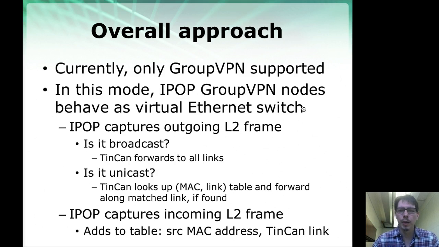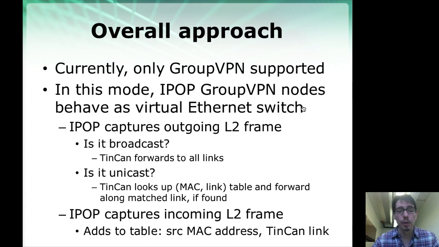So the overall approach is right now only supported by GroupVPN. In this mode, which can be configured in the configuration file, GroupVPN nodes will behave as a virtual Ethernet switch. So instead of looking up IP addresses, we're now going to be looking up hardware MAC addresses for the layer 2 protocol.